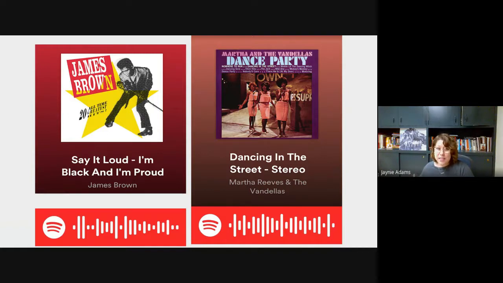But the Dancing in the Street song is really about kind of Black joy and Black exuberance in a time when the larger mainstream population does not want Black people to feel any joy or any exuberance. So it's important to think about these two pieces as primary sources for a particular historical event.